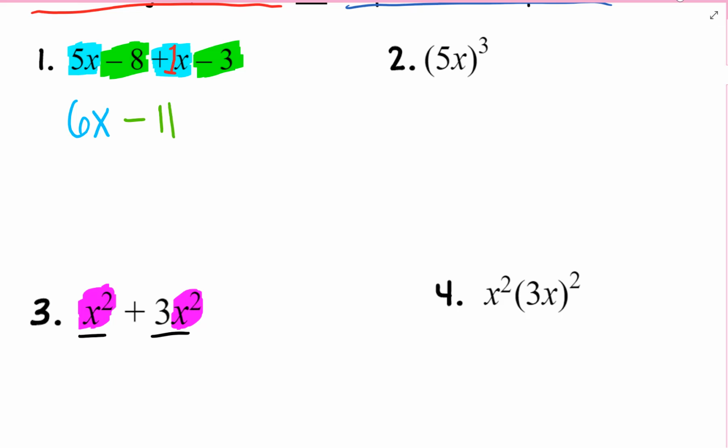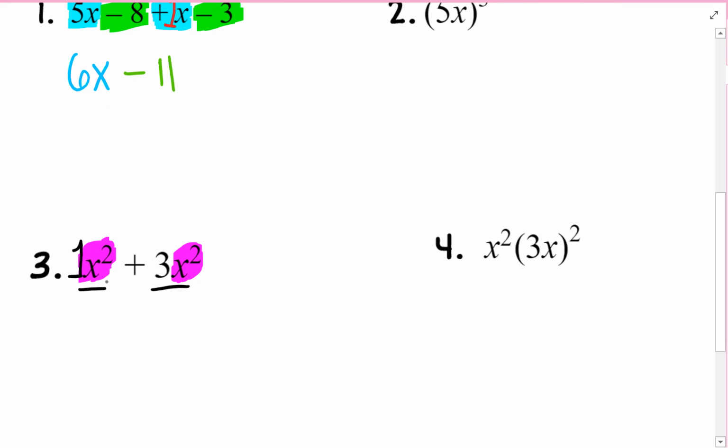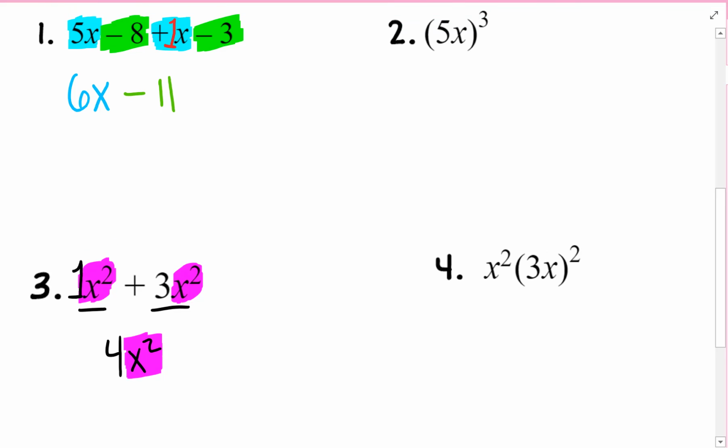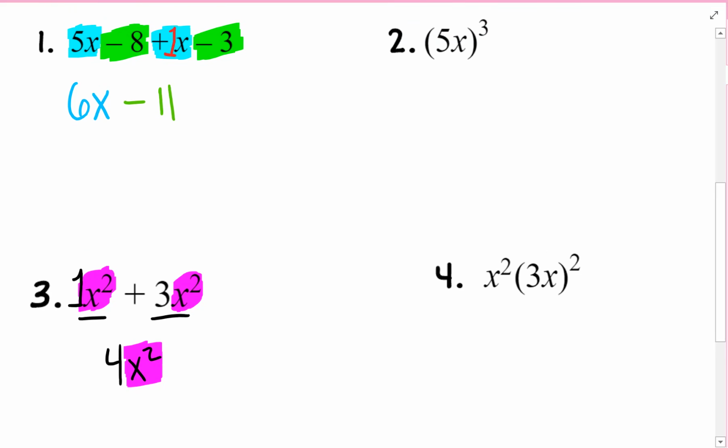As we discussed before, the number that is in front of this x squared is simply 1. So when we add 1x squared plus 3x squared, we get 4x squared. The power does not change when we combine like terms. The power changes when we apply properties of exponents.